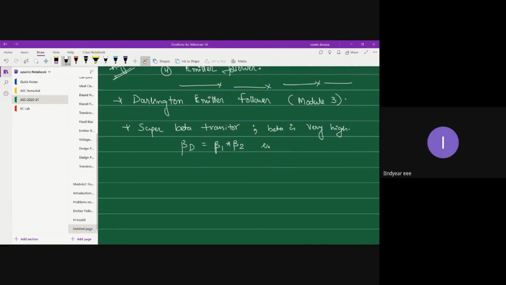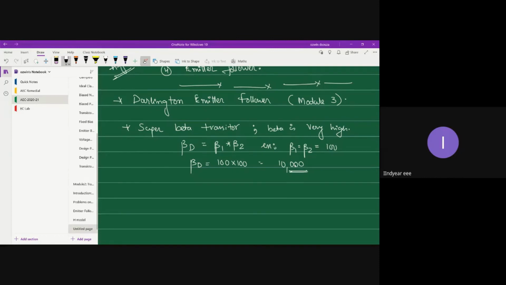Example, if beta 1 is equal to beta 2 is equal to say 100, HFE value is 100, then imagine the value of beta D. It is 100 into 100, about 10,000. That is the power of the Darlington transistor. It gives extremely high current gain.